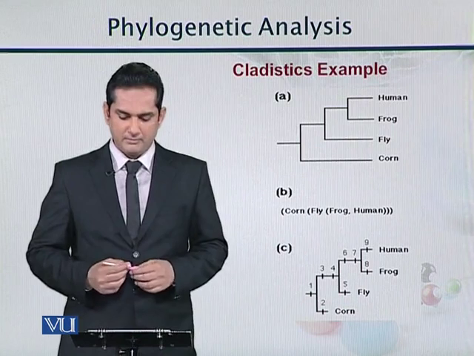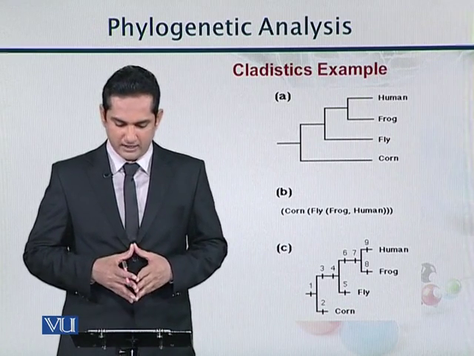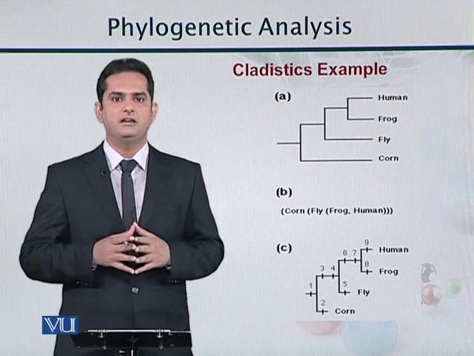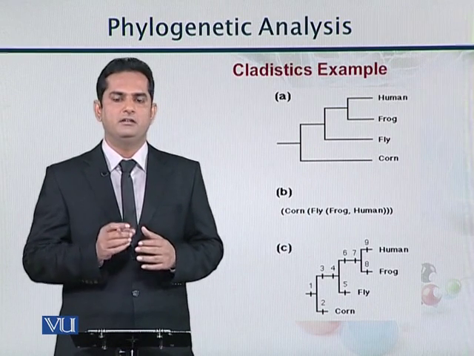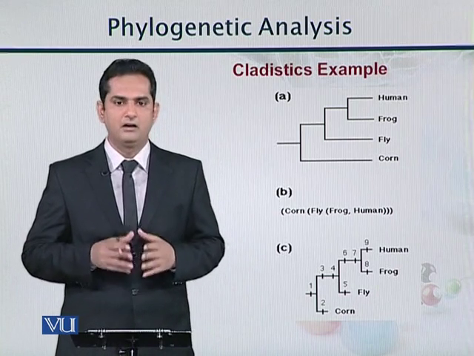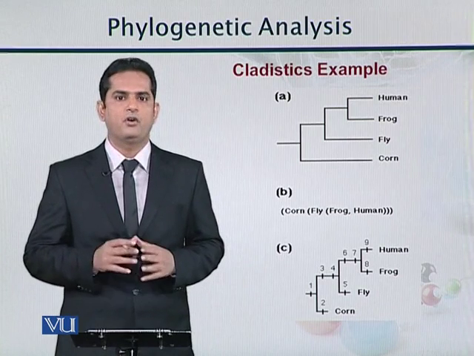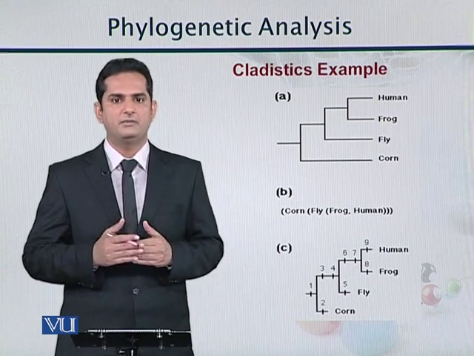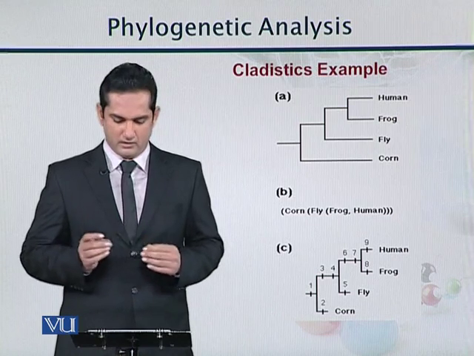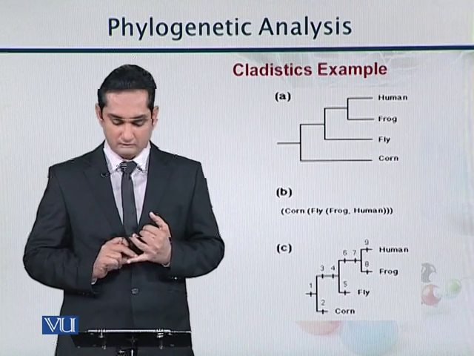Here I have given an example of cladistics with the help of predicates. So what is a predicate? A predicate is basically a combination of two things with their interaction. For example, here I have shown that we have frog and human, which are inner parts, and then we have fly and corn. They are all in the same clade, but human and frog are nearer to each other, then fly, and then corn.